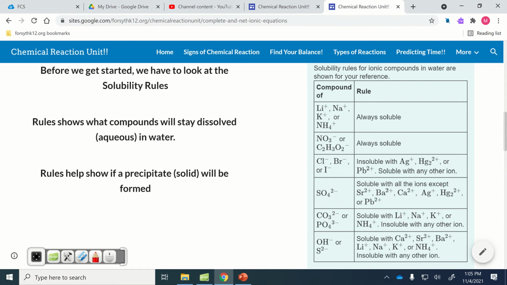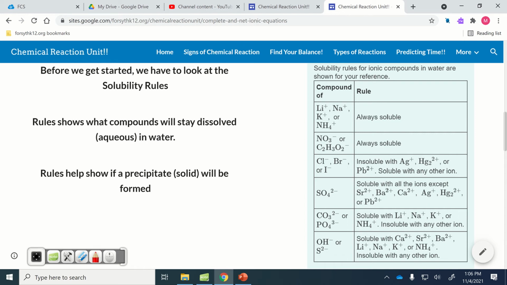The reason we have these is that when I have a chemical reaction and the two reactants are initially in aqueous solution, so both are dissolved, after I mix them, the rules help determine if any solids will form.